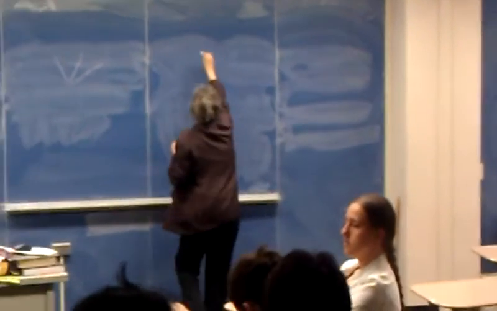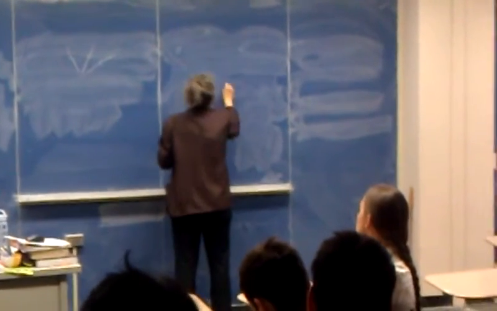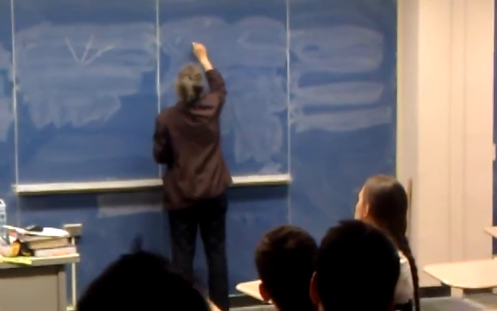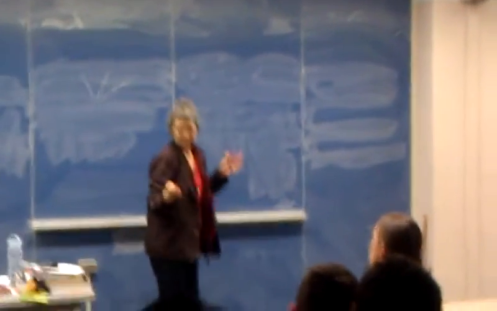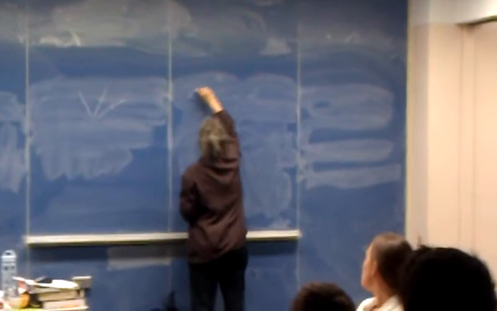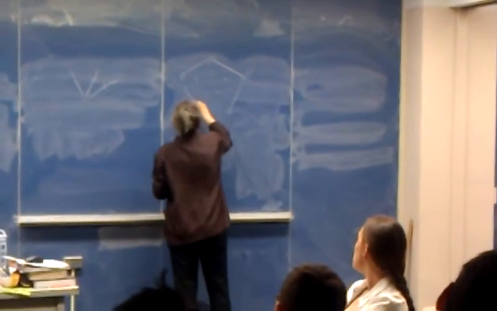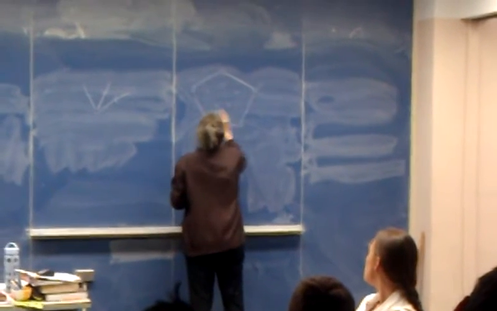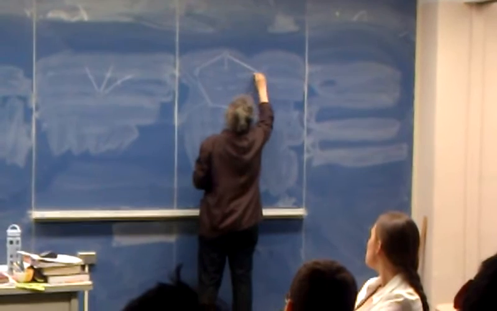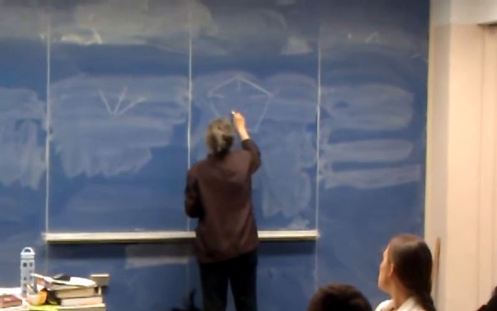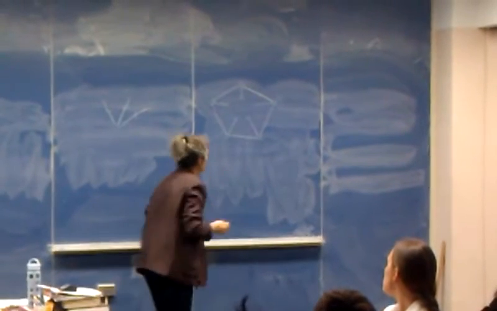So let's look at this graph. It's a famous graph. It's called the Petersen graph. Books have been written about it. It has a very interesting problem. It has a pentagon on the outside, and then another 5 vertices on the inside, each connected to one of those outside.